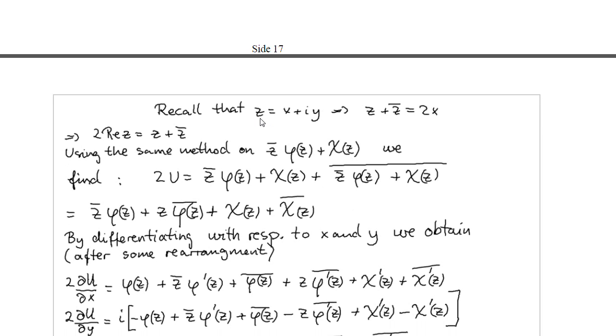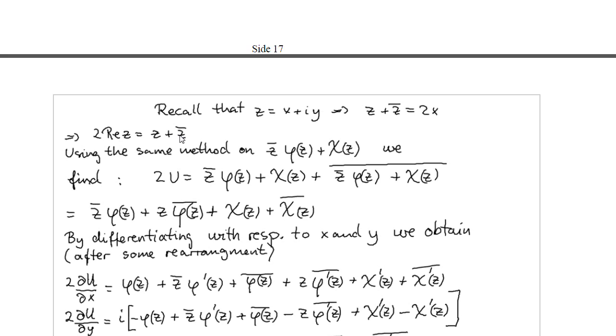Now, just recall, we have seen this many times before, that if z is equal to x plus iy, then the sum of z plus the conjugate of z is equal to 2x. It's really trivial to see. So this implies that 2 times the real part of z, because x is the real part of z, is equal to z plus the conjugate of z.